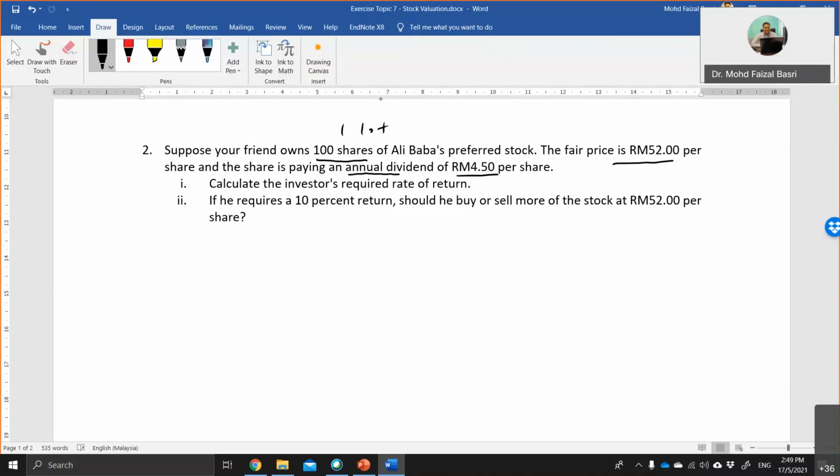So find the required rate of return, meaning find the K. And next, they ask, if you require 10% return, should you buy or sell more at this price? So this is using VP. Alright, 5 minutes. Try this.